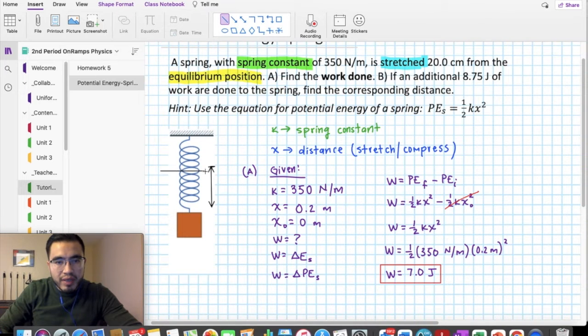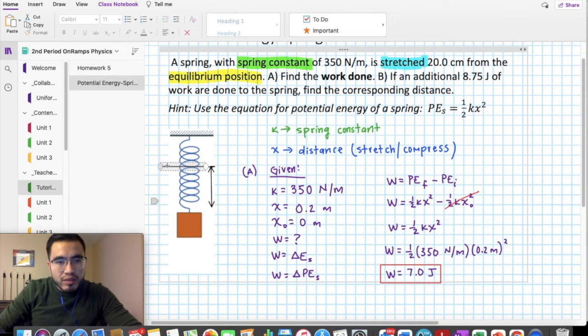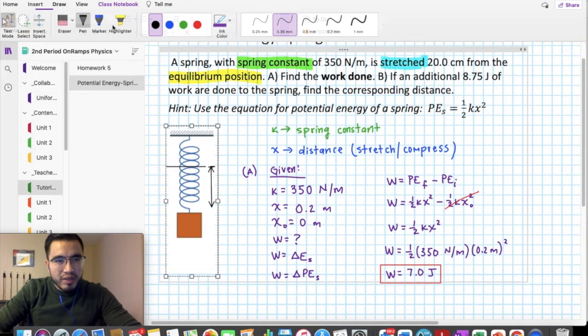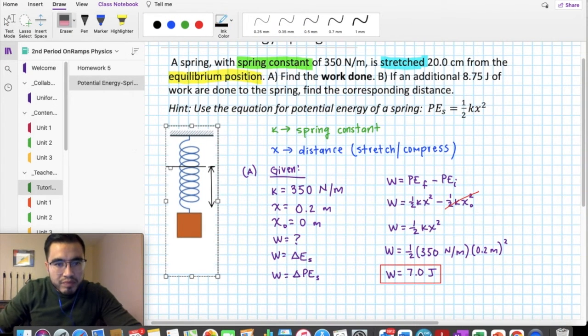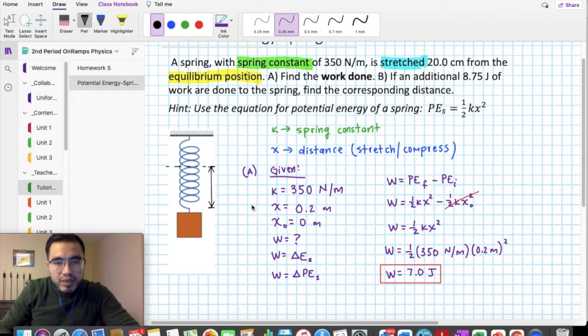So I'm just going to make a line that matches this one, and I'm going to make it dotted. There you go. That's the equilibrium position. So we know from here to here, this is point A for question A, that is 20 centimeters.